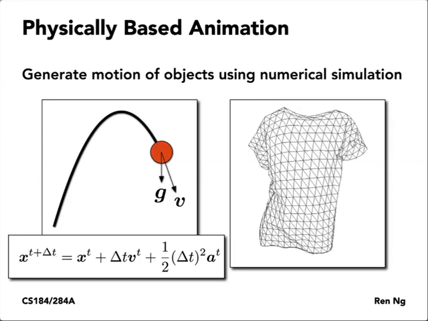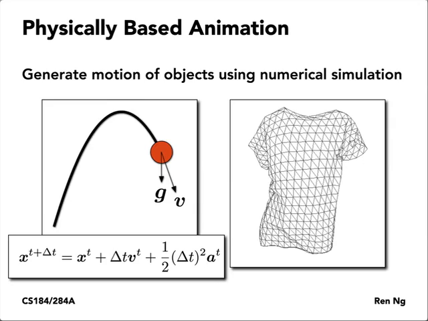This can be given in this case for the particle as the position at the beginning of this time interval, x at t, plus delta t times the velocity at that moment t, plus half times this time interval delta t squared times the acceleration at that point t. Okay.